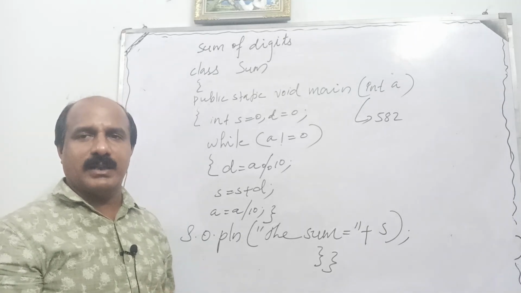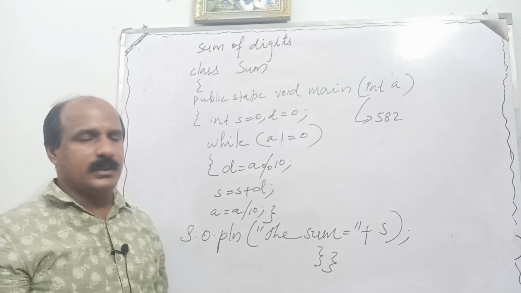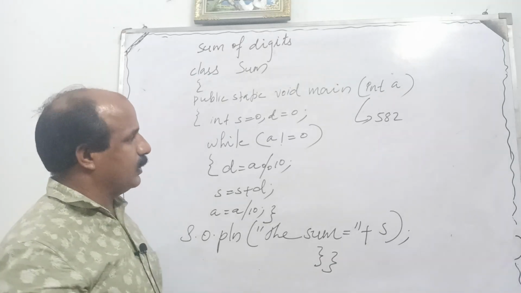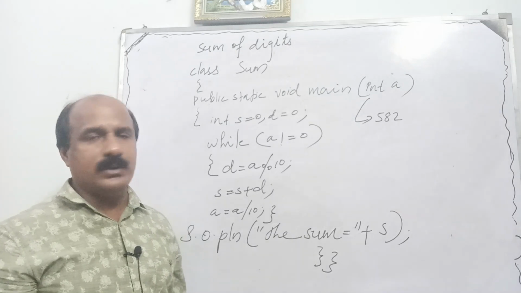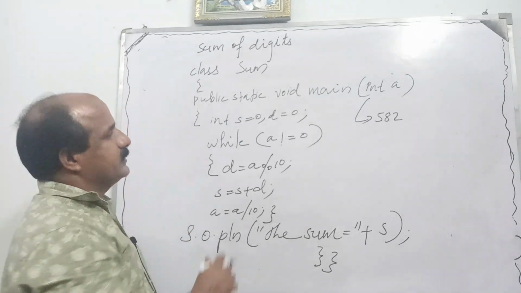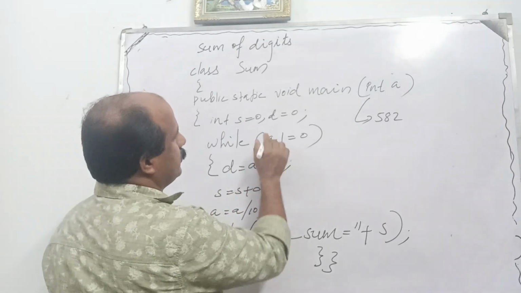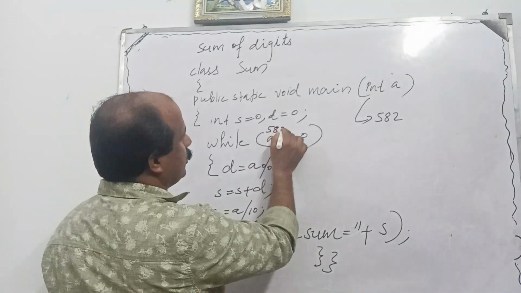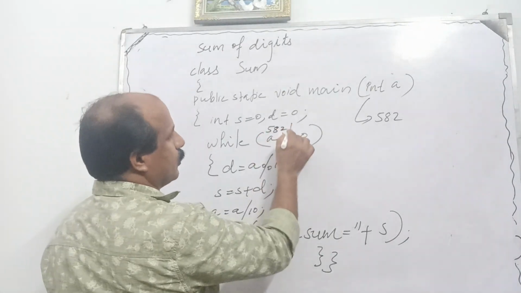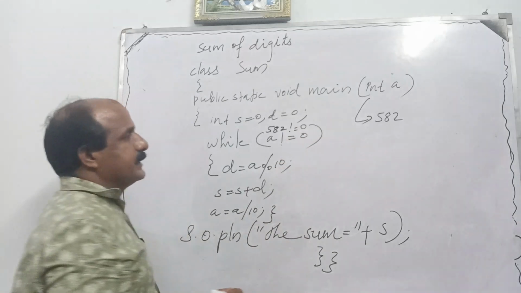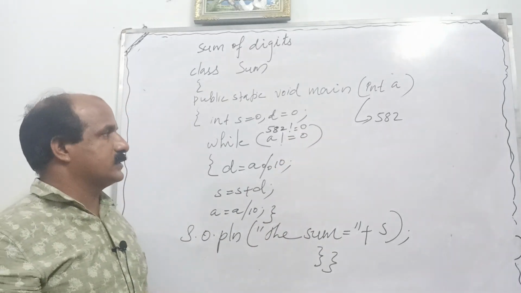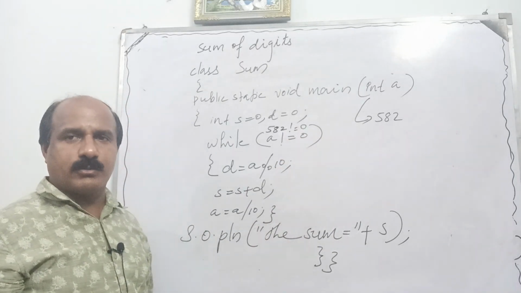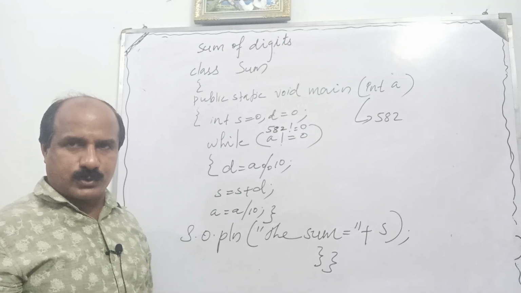It is almost the same as A greater than 0; you can write either, there is no difference. So the value of A, 582, is not equal to 0. Is it true or false? 582 is not equal to 0, that's why it is true.